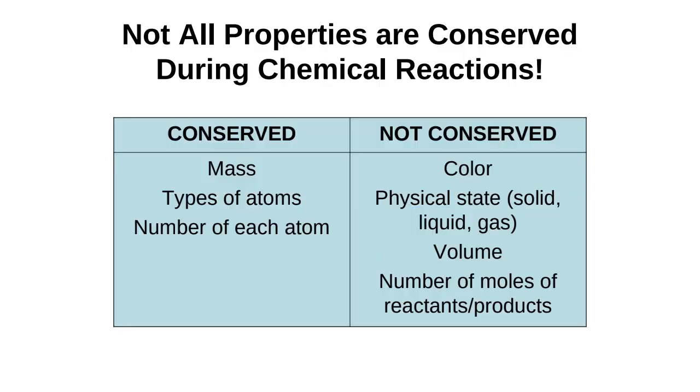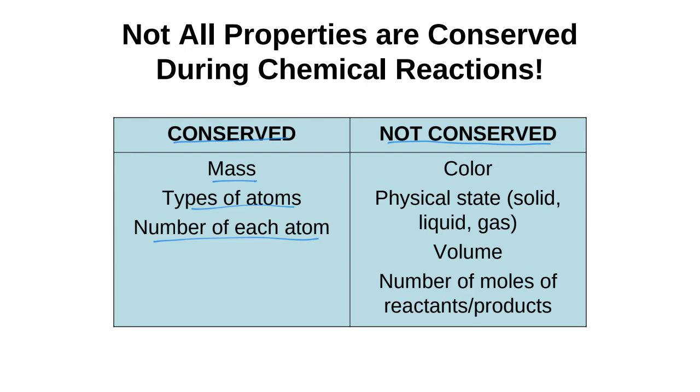Also we have to remember that not all properties are conserved in a chemical reaction. Here is the list of properties that are conserved and those that are not. Mass, types of atoms, and numbers of each atom should be conserved. That means whatever the mass, types of atoms or number of atoms in the reactant, you must get the same in the product.